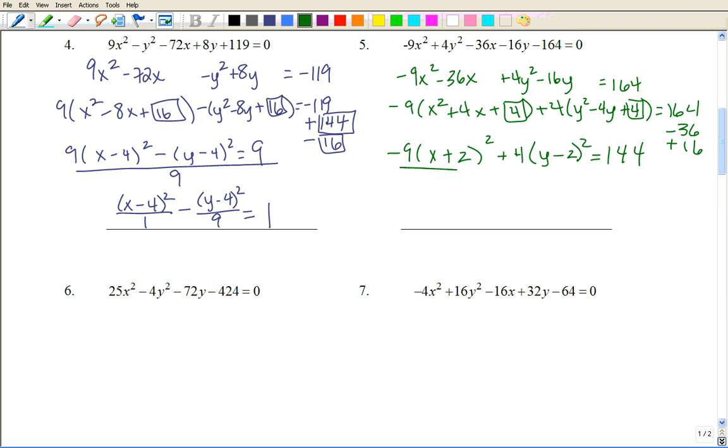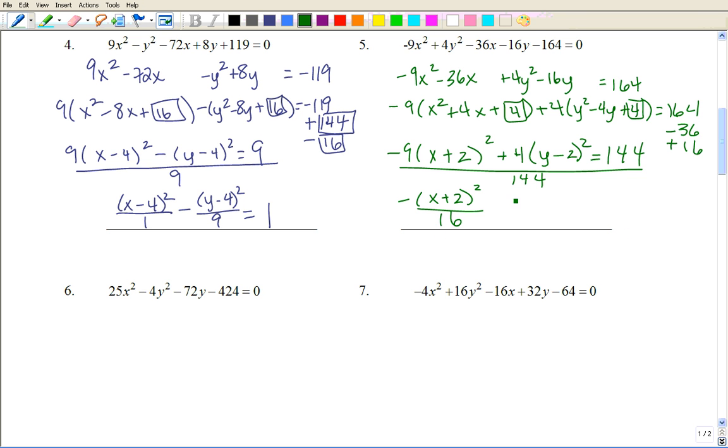So if I divide everything by 144, I will have (x plus 2) squared over, so 9 over 144 reduces to 1 over 16, but there's a negative right here, and we'll get back to that in just a moment.